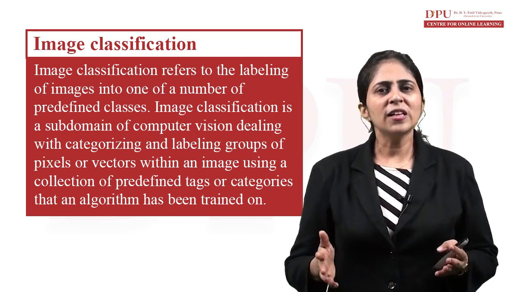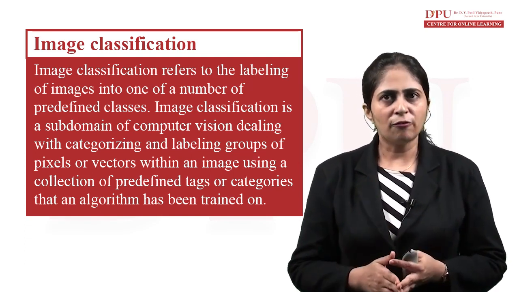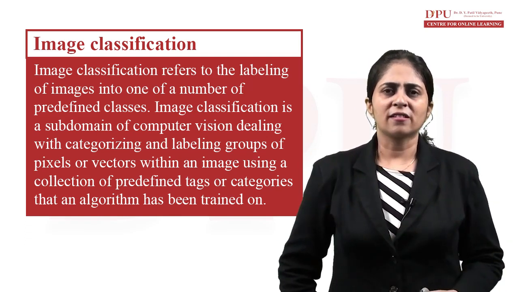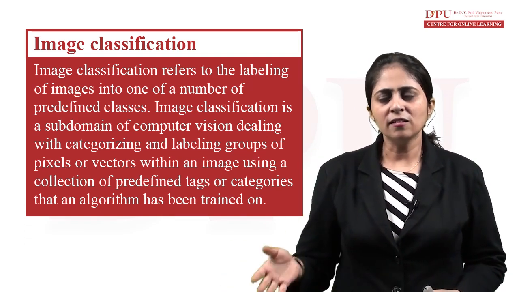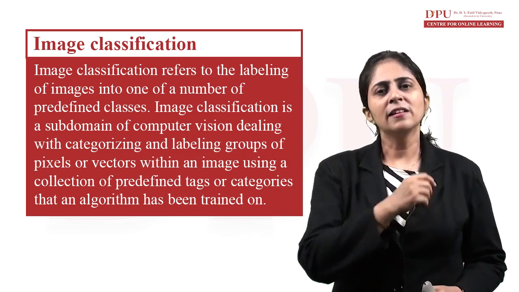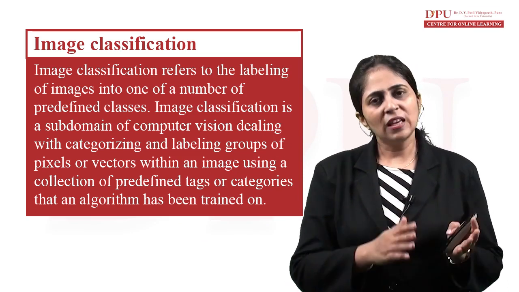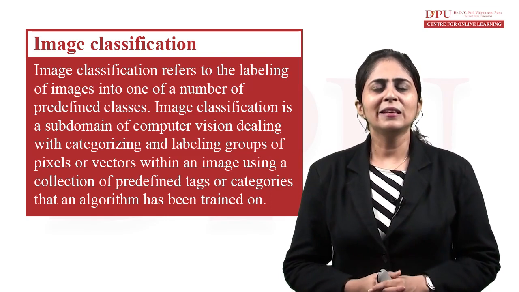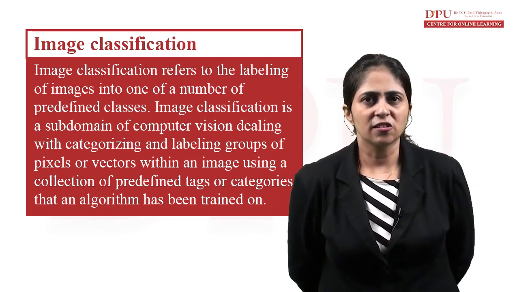So image classification refers to the labeling of images into one of a number of predefined classes. We have certain predefined classes, like some people eating, some people chatting, some people doing their work. So if we take certain images, we can classify these images into different classes.